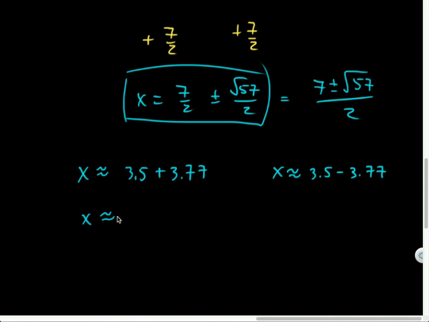I just typed it in wrong. 3.5, there we go. So this would be 7.27, one of the approximations there. And 3.5, let's see. I'll just subtract that from both sides.